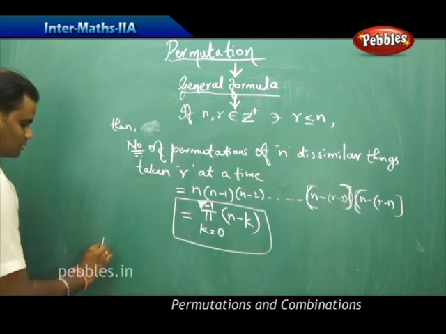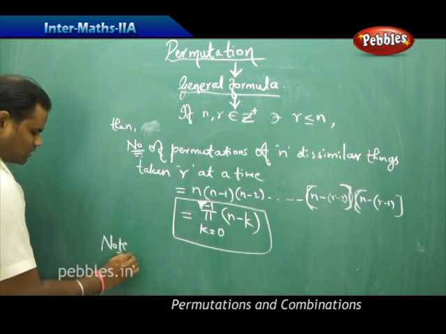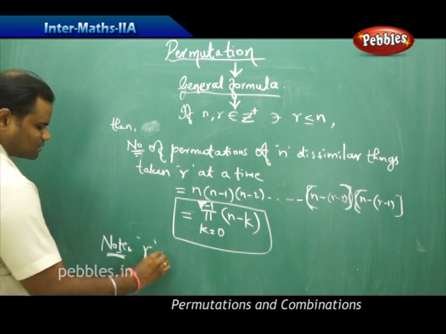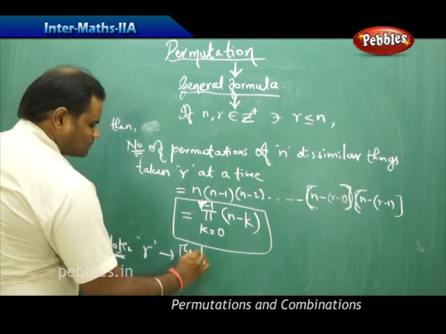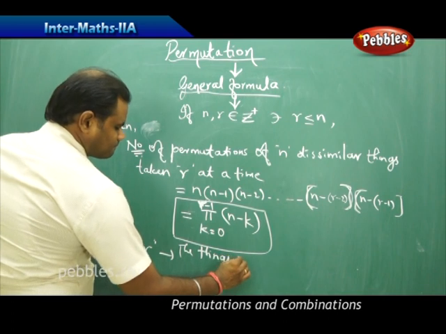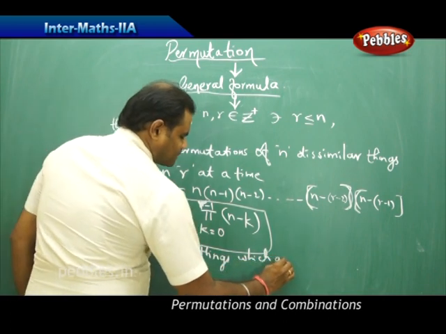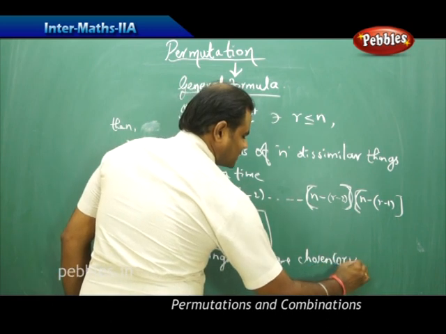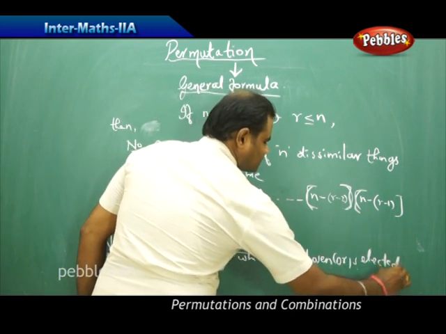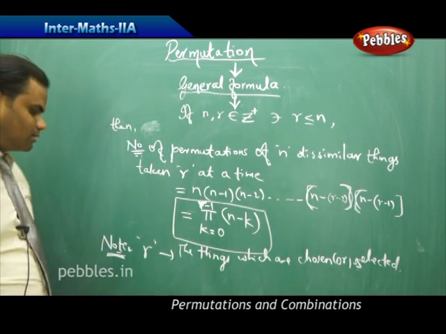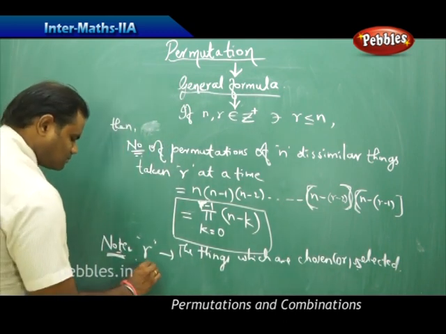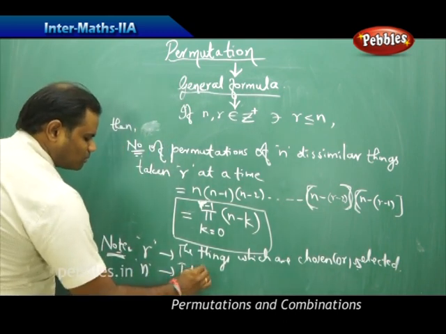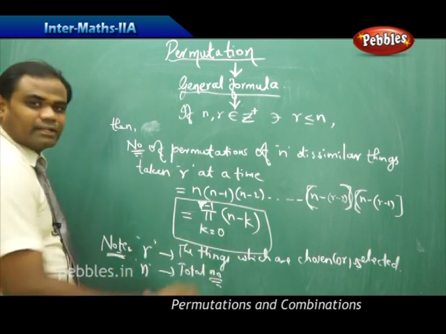So here it is important to note that r is the number of things which are chosen or selected, and n is the total number of things taken into consideration.